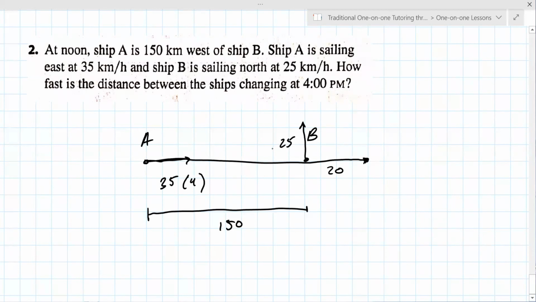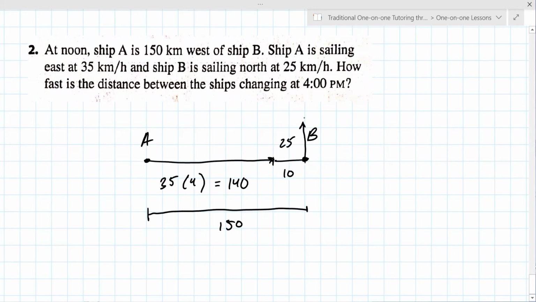They're 150 apart. 35 times 4 is 140. I'm sorry, that's not correct. Okay, they're not 20. This is bad. They're here and they're 10 away from where B started. So B started here and they're 10 away.